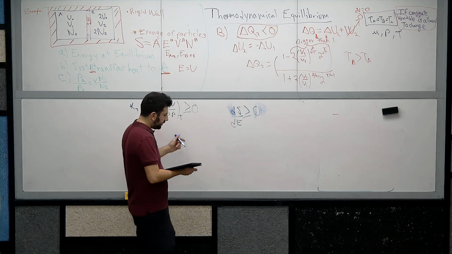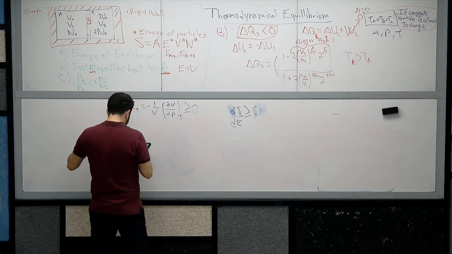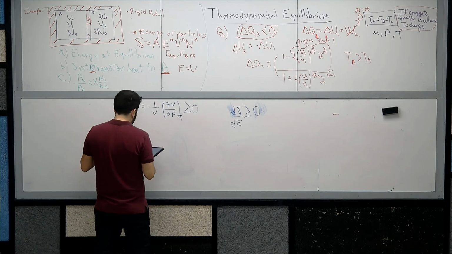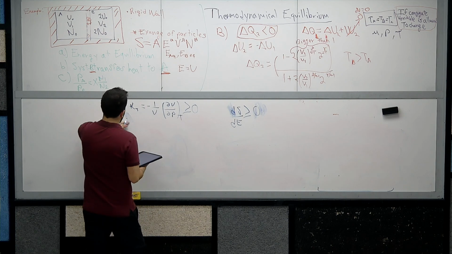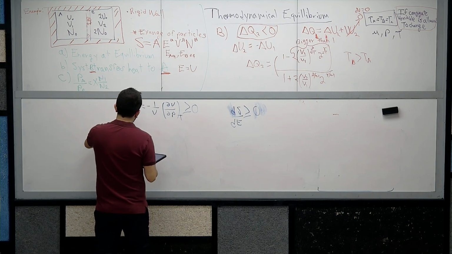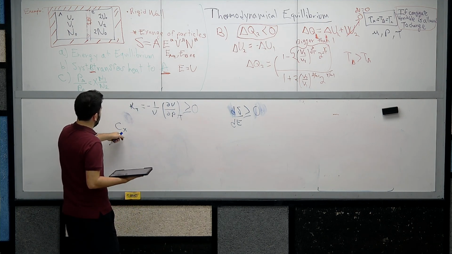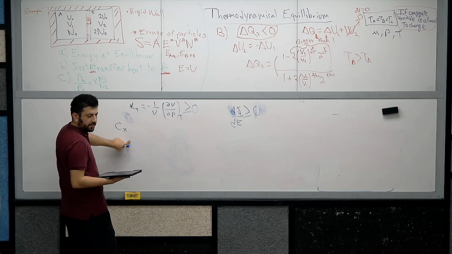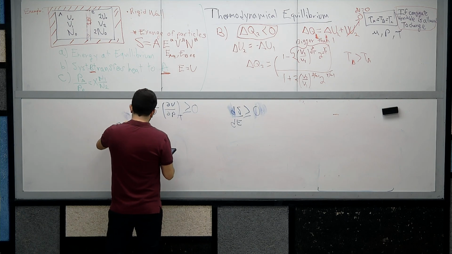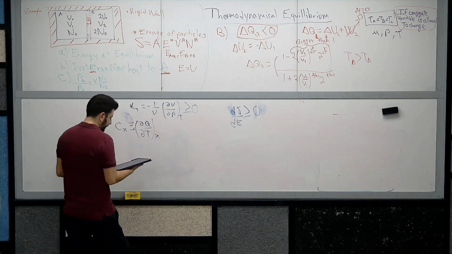So the idea is that using this relation, you can actually prove that Cx, you can put here the heat capacity at constant pressure or volume. You can put anything here. So this is defined as dQ on dT at constant x.